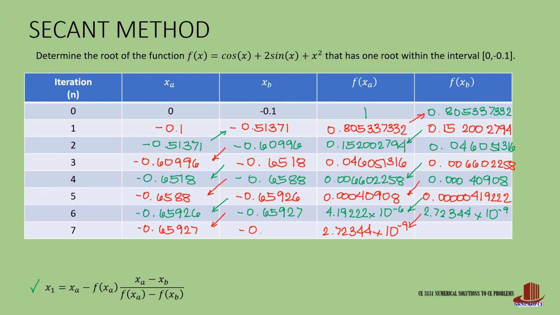This time it would turn out as the same value as what we have previously. So we can say this time that the root of x would be given as negative 0.65927.